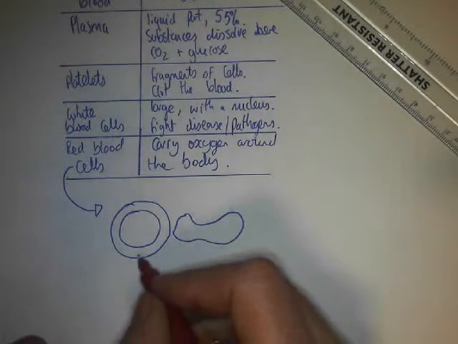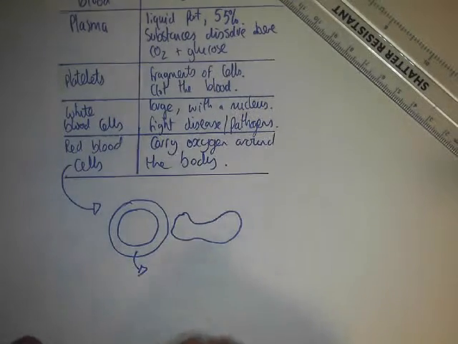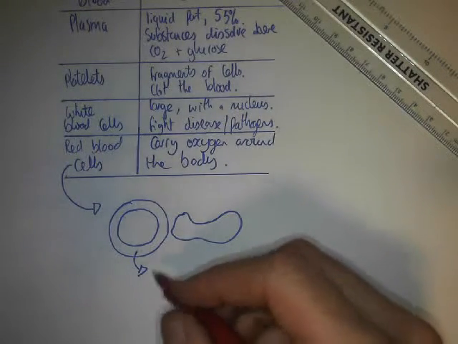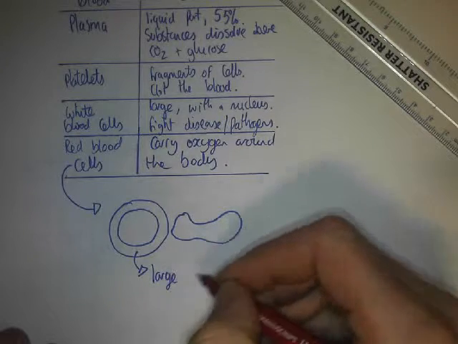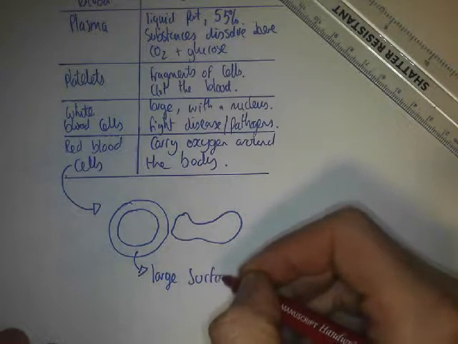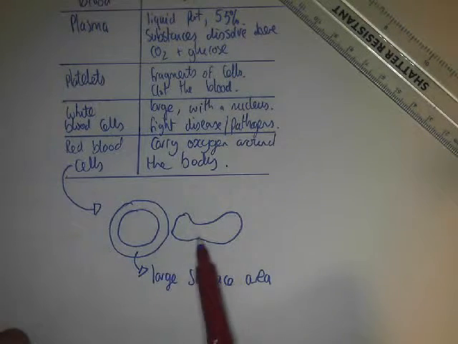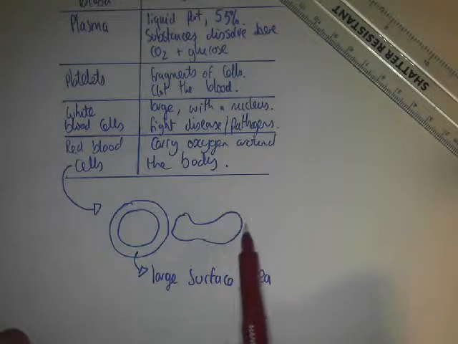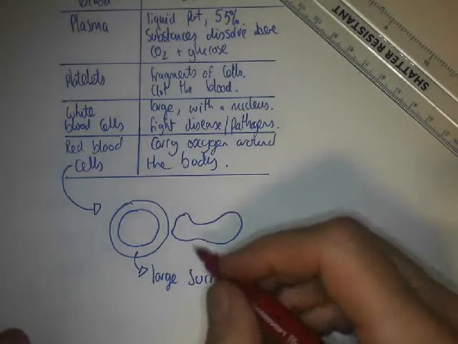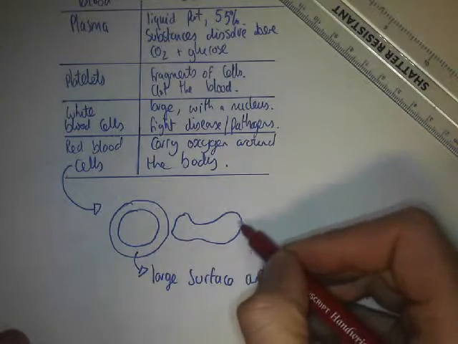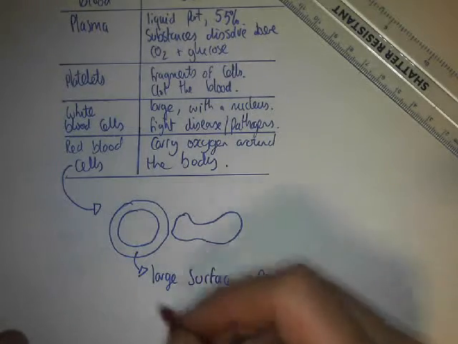Right, so first thing is, it's got a large surface area. It's got a large surface area because it's got this biconcave shape, it's called. So this, see how it goes in and round, it gives it a large surface area.